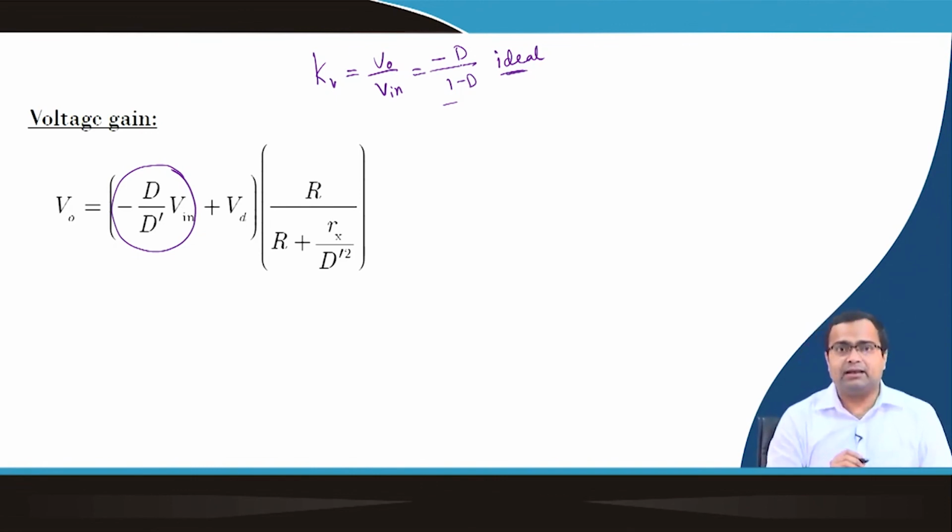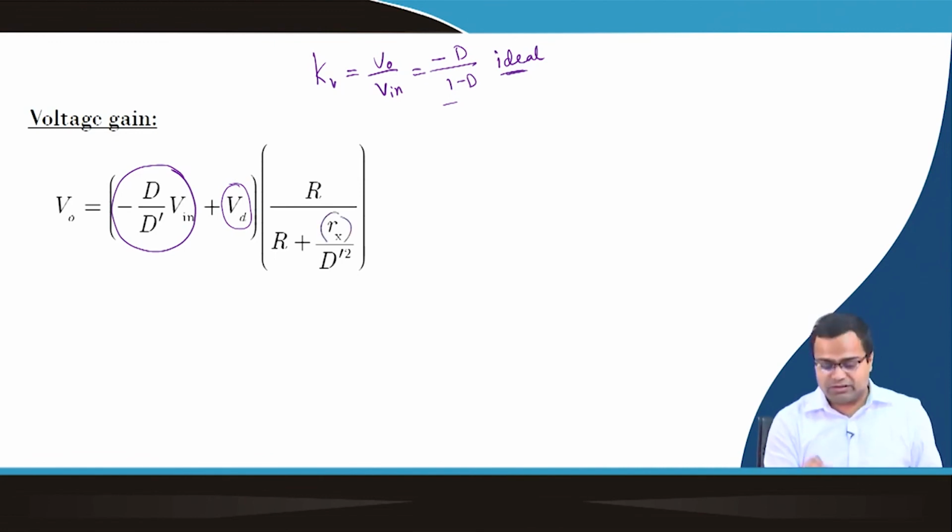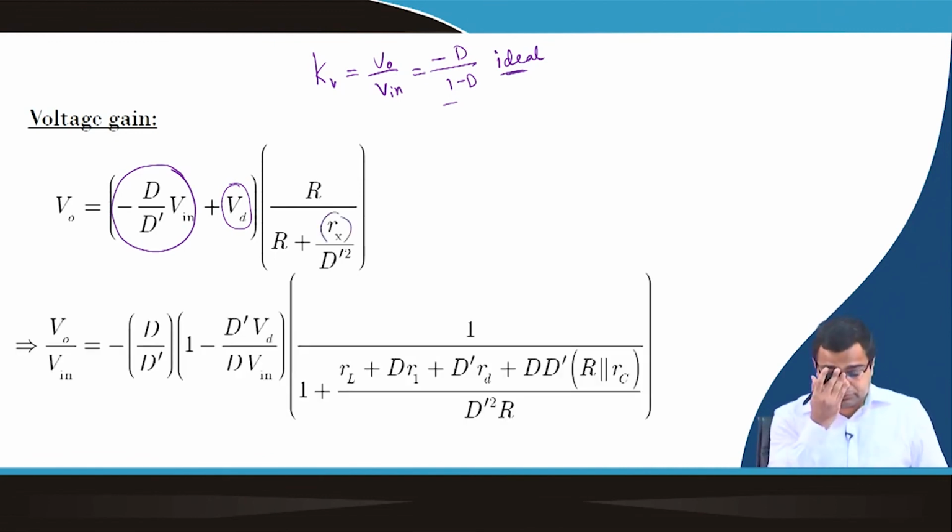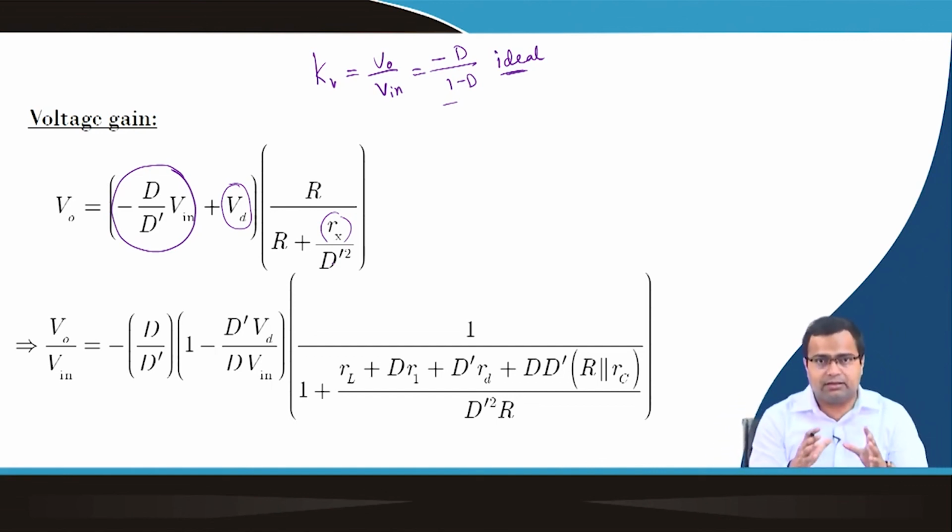But in a practical buck-boost converter, your voltage gain also gets affected because of the diode drop and the parasitic resistance along with the duty ratio. We can obtain all these expressions and carry out the same technique which we have done for the synchronous buck converter.